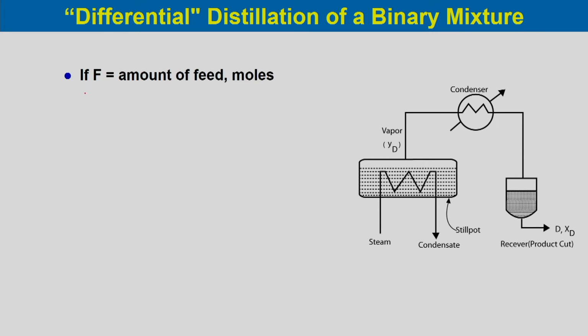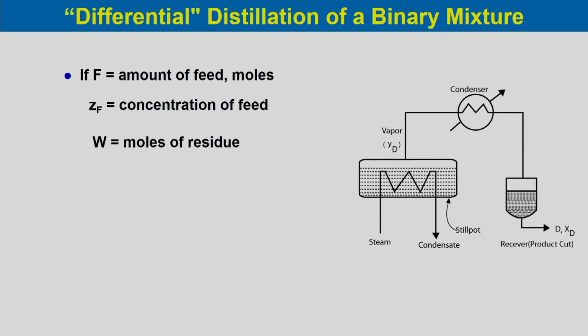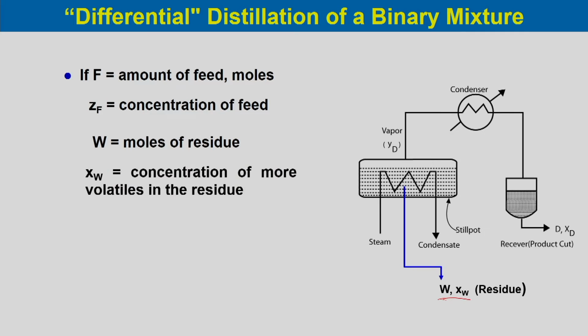Now, consider F is the amount of feed in moles and zF is the concentration of the feed, which is at the beginning in the still pot. Now, W is the moles of residue, and its composition is xW. So, the concentration of the more volatile component in the residue is xW.